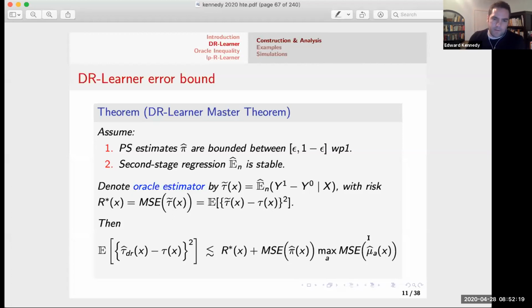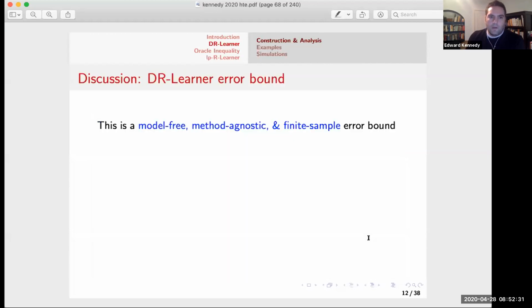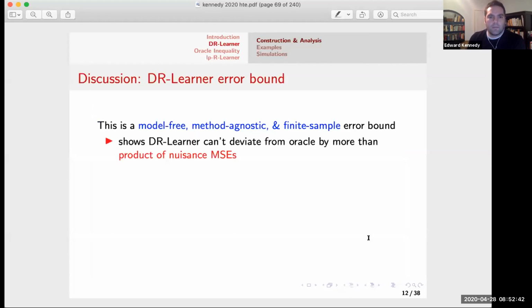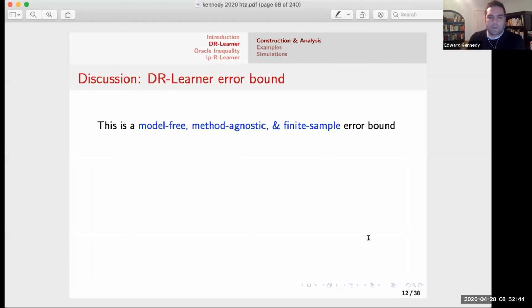So this is an analog of a usual doubly robust style result, but for a conditional effect, and that works for arbitrary second stage regression estimators. So this is essentially model free. We don't need to assume anything about these estimators beyond this stability. It's a finite sample result. There's no asymptotics. And really what's buying you all of this is the sample splitting.